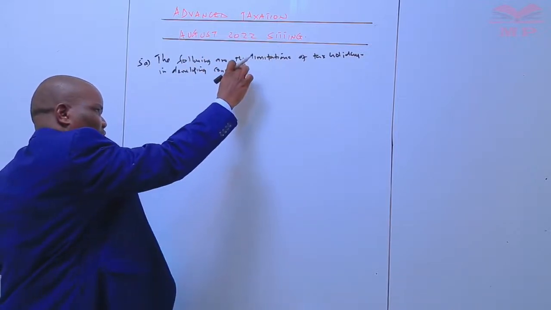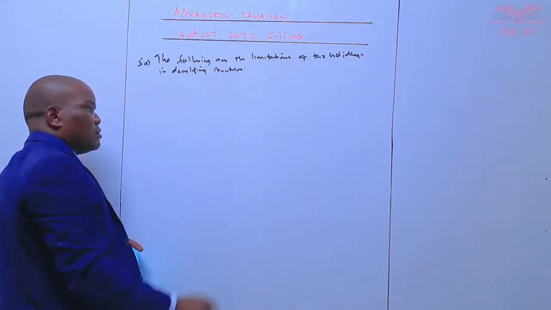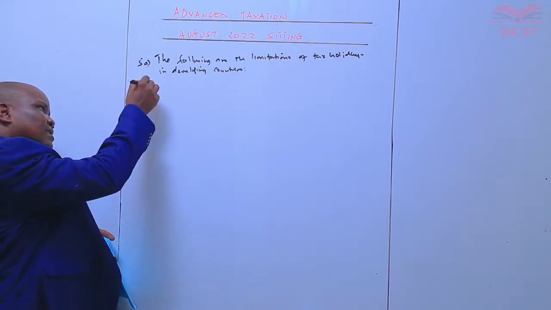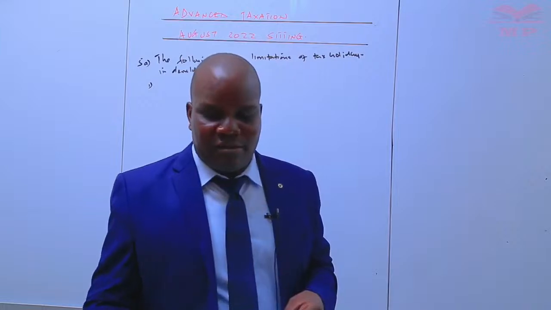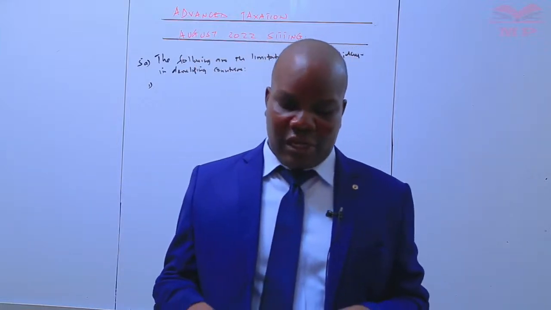So that is an introductory statement. Then you can now start explaining the limitations one by one. In mathematical papers like taxation, you're allowed to number your points.